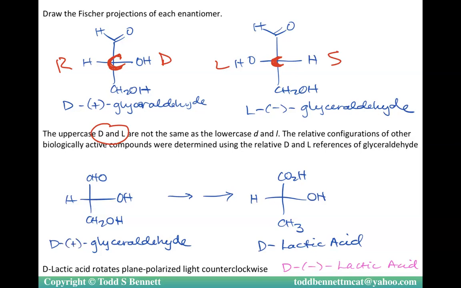So that's the letdown of D always being positive rotation, L always being negative rotation. That was the goal, but it failed. That's why capital D and small d, capital L and small l are different from one another. So if we did it in L, this would be capital D, small d. This would be capital D, small l. So they would not correlate.